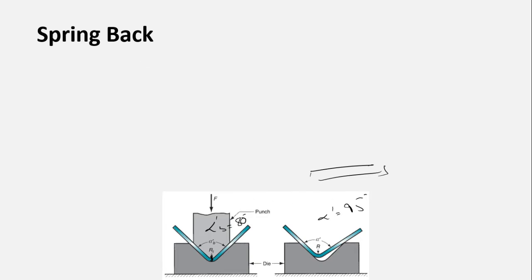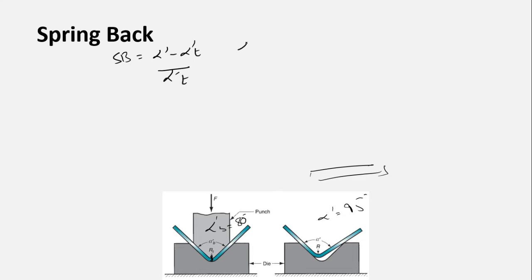So how do we calculate the spring back? It is illustrated using this formula: the spring back equals alpha prime minus alpha prime t, divided by alpha prime t.